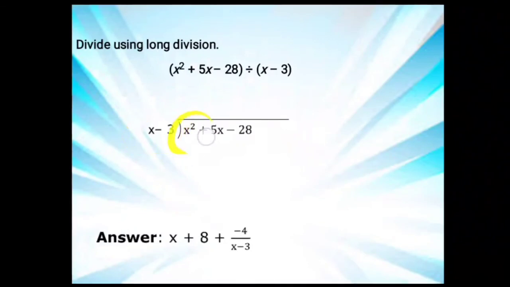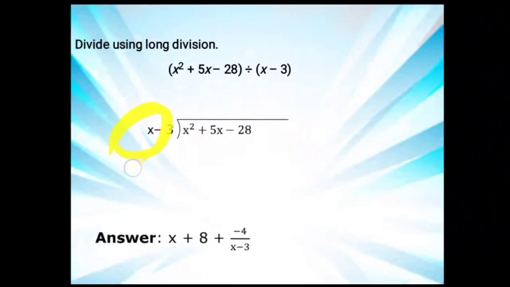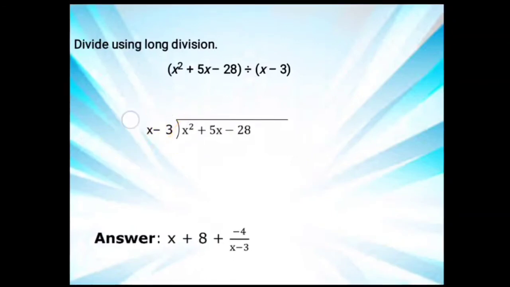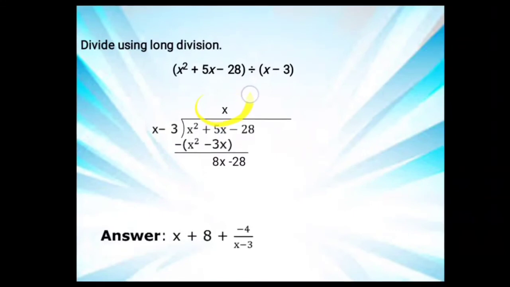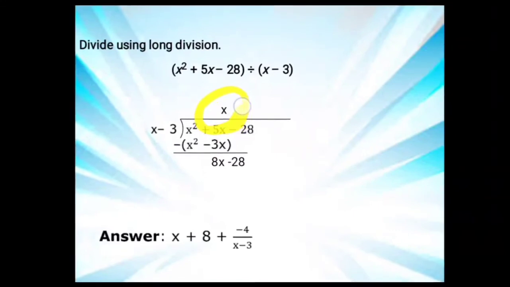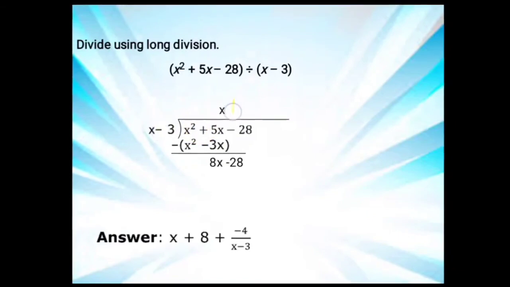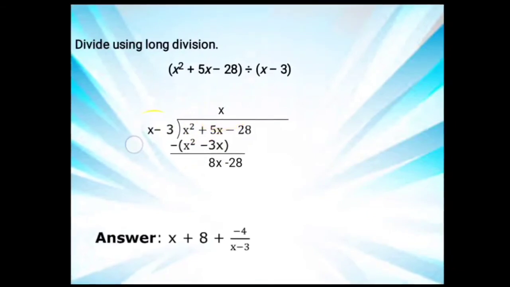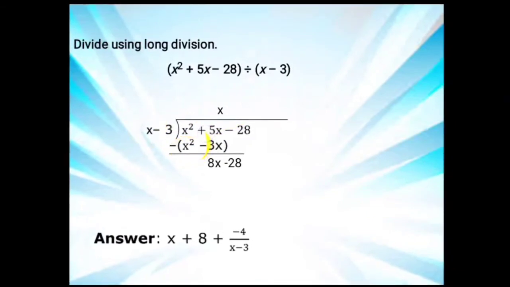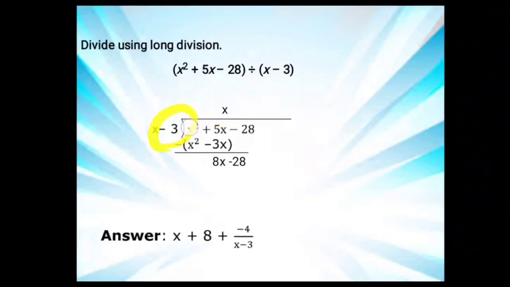Now, let's eliminate this x squared by dividing it first by the first term of the divisor. So x squared divided by x is x, because we subtracted their exponents. So x times x is x squared. x times negative 3 is negative 3x.